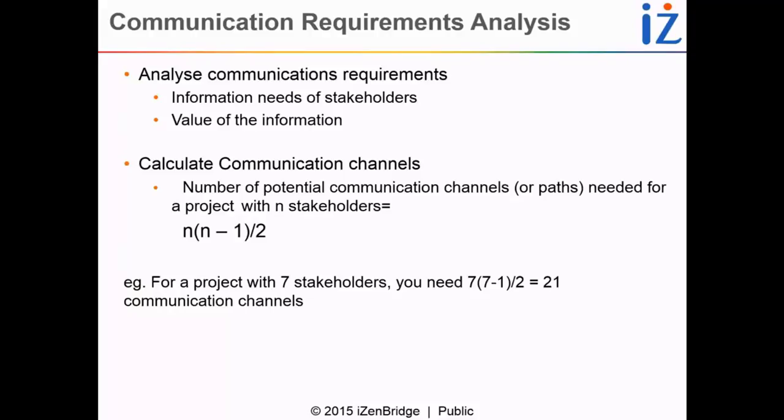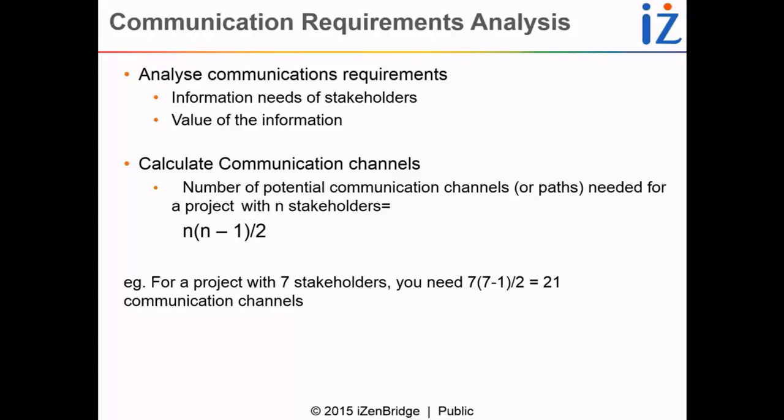We need to really understand the information needs of our stakeholders, and also assess whether the information that we are sending is of value to the project. Now, it could be that stakeholders want a lot of information, but it's not going to add anything to the conduct of the project. Ultimately, understand that every activity has a cost attached to it. So when we are analyzing information needs, we also need to make sure that we are getting value for money, as it were.